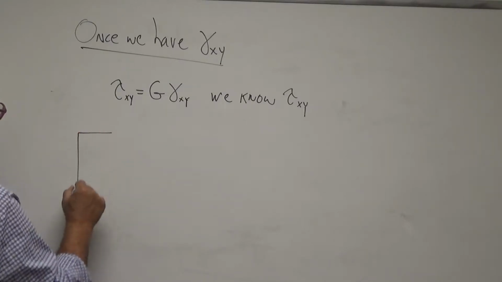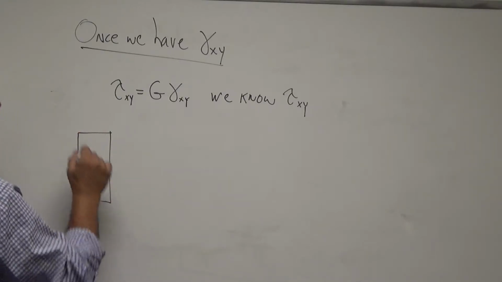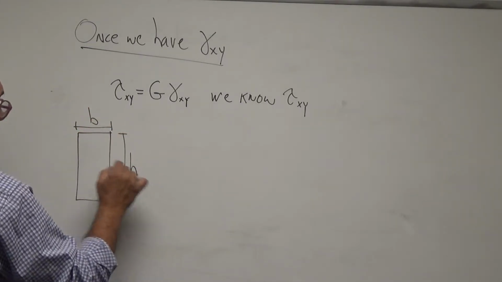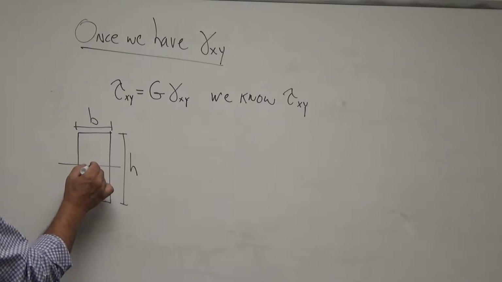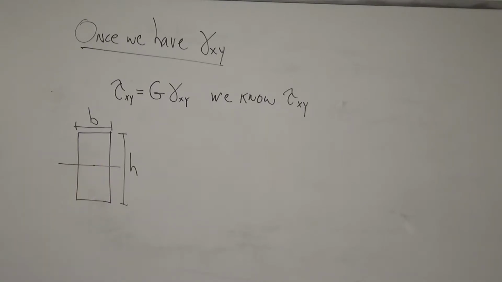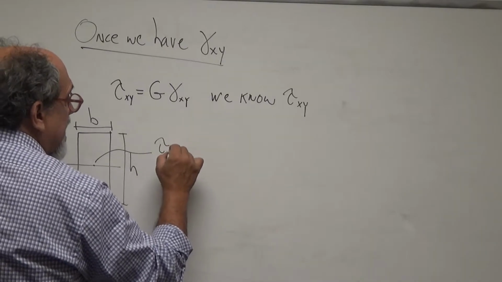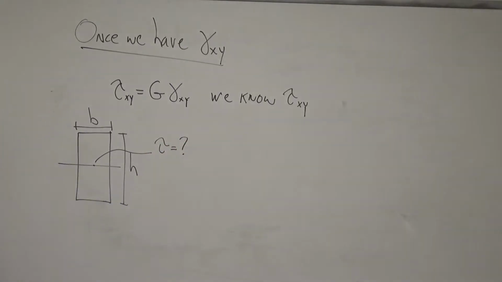Now, the section is like this. It is b by h. Neutral axis in the middle, and that's where the strain gauge is, in the middle, right? So the question then is, what is the shear stress here as a function of the parameters of this problem?